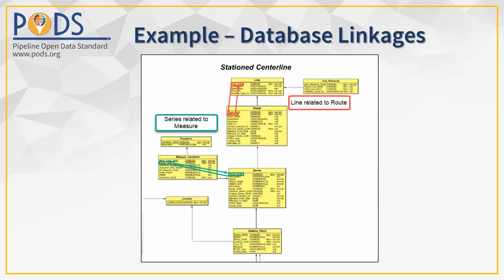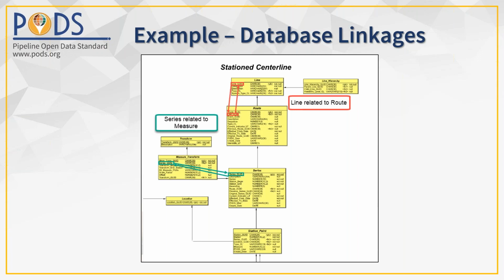So this is the station centerline section, and you can see how this actually plays out in the PODS world. Let's look at the series marked in green. The series table is related back to the measure table. And what do you see at that juncture?